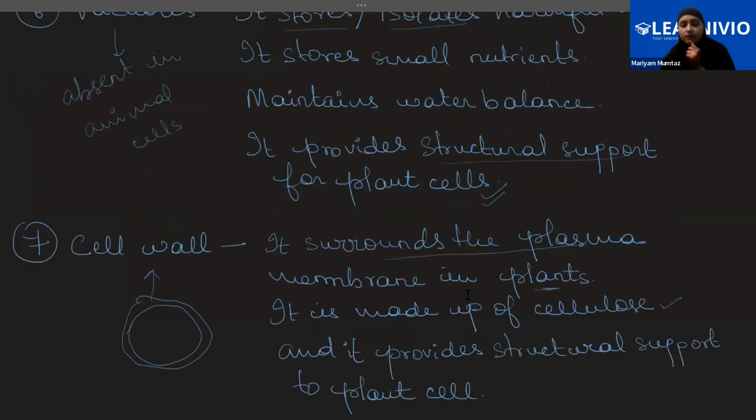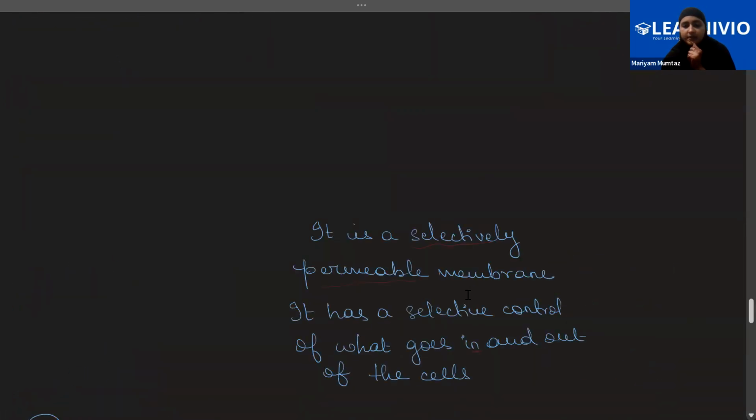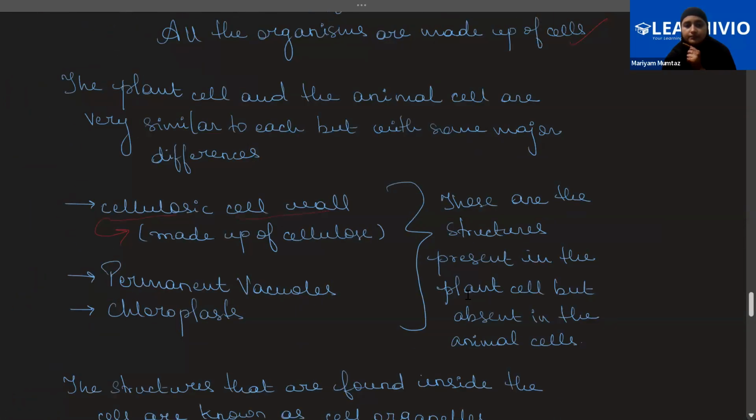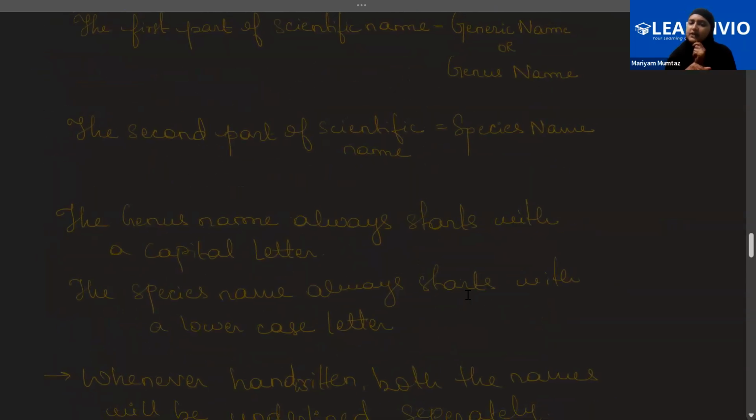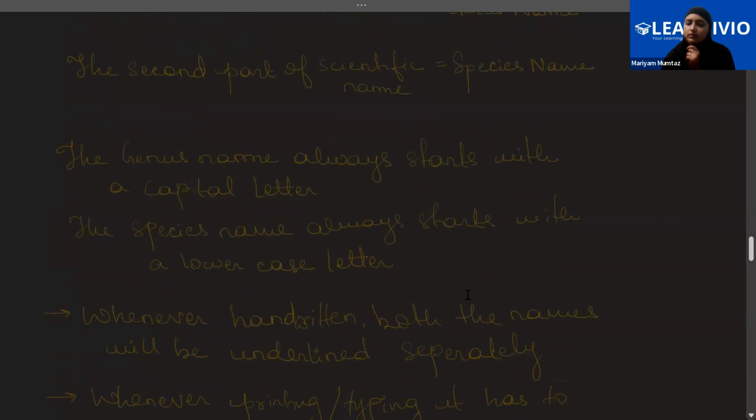Now you can note down. If you do have any doubts, you can ask. Also, was there anything left that you had to note down from the previous chapter? No, I did everything.